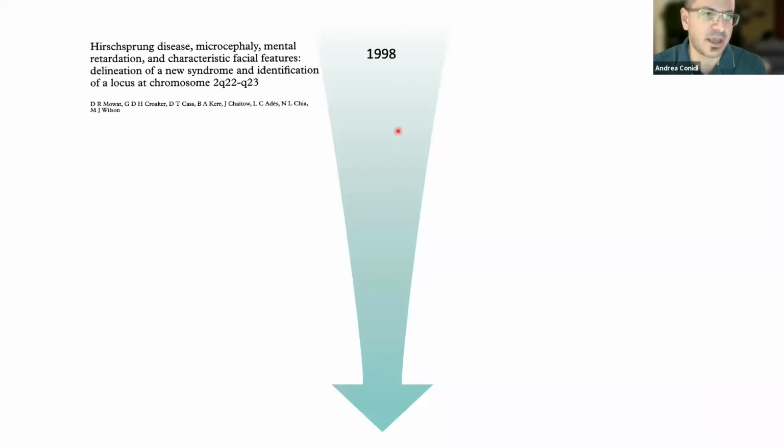In 1998, Dr. Mowat and Dr. Wilson published this case of a patient with Hirschsprung disease, so gastrointestinal defects, macrocephaly, mental retardation, and characteristic facial features. And they found already that there was this part of the chromosome 2 that was involved. At the time, it was called Hirschsprung disease with mental retardation.